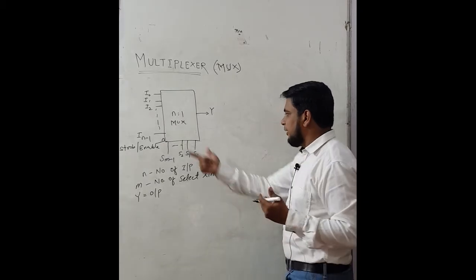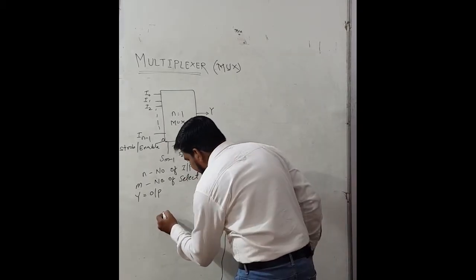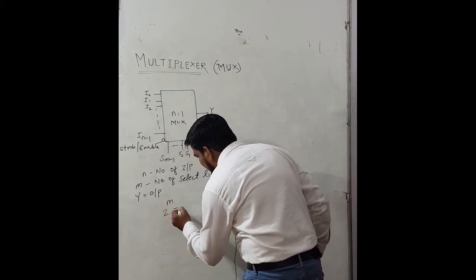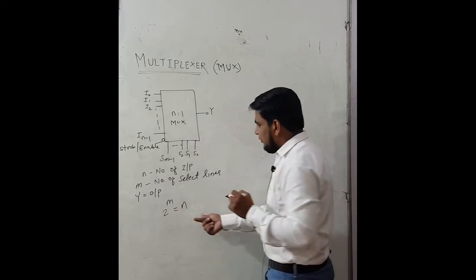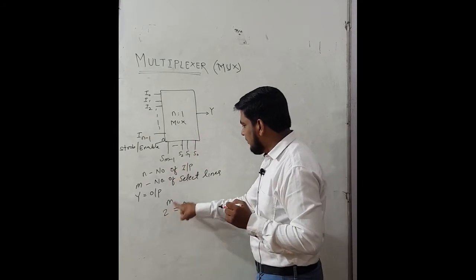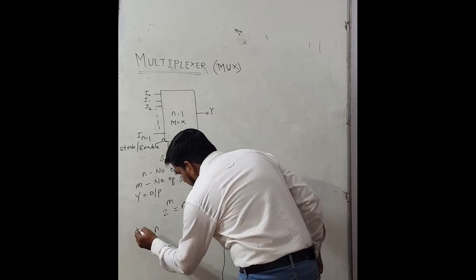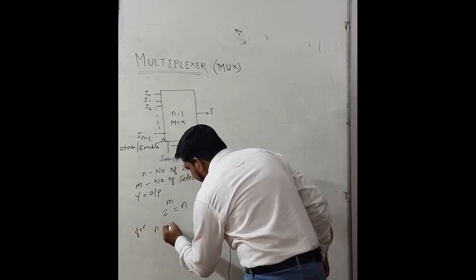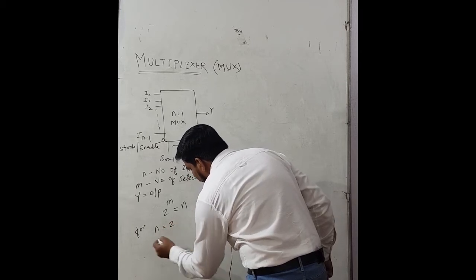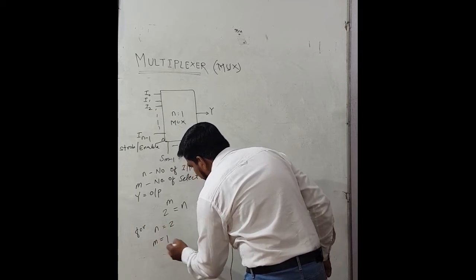The relation between inputs and the select lines is 2 raised to m equals n, where n is the number of inputs and m is the number of select lines. For n equals 2, what is the value of m? m should be 1.